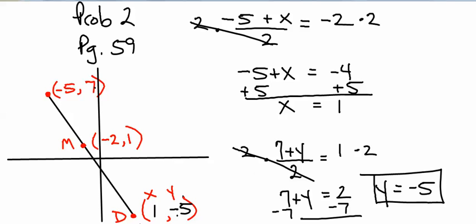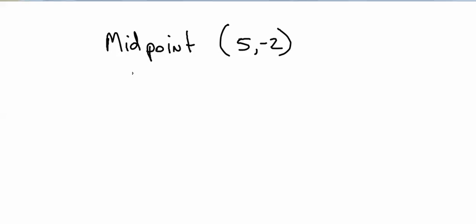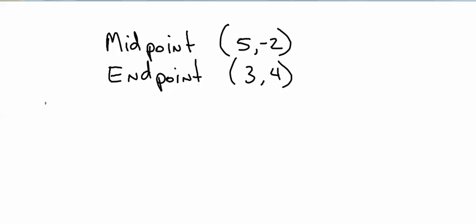So let's try this. I'm going to give you a midpoint now with no drawing. Midpoint is 5, -2. One endpoint is 3, 4. Find the other endpoint.